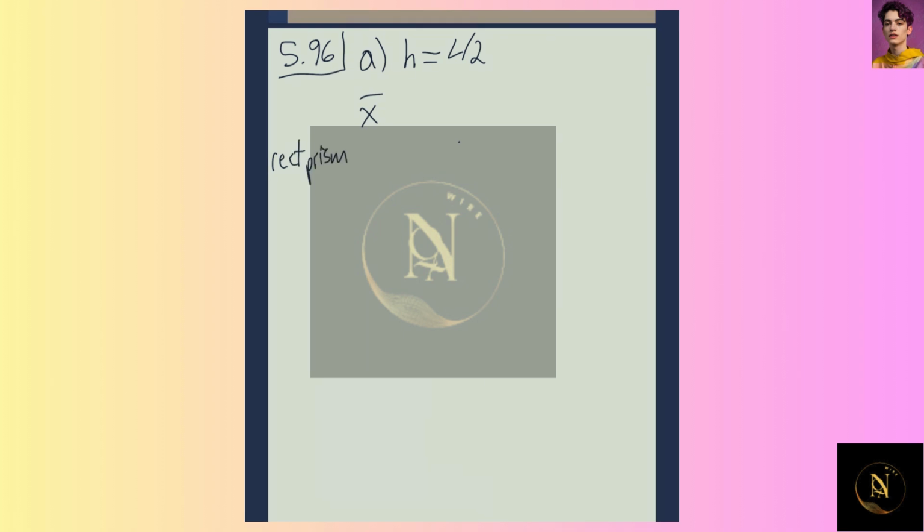We have a rectangular prism and a pyramid in this problem that make up the entire object.